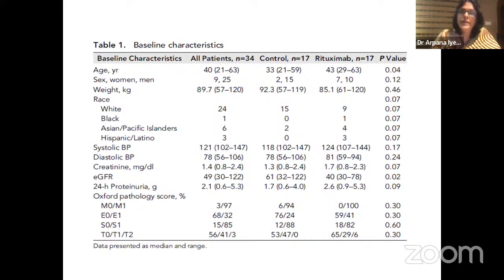Kindly note, age and GFR have a p-value that is significant, and therefore it is now a challenge, because the whole purpose of randomization is not to have a significant difference. But here you have, and as Dr. Premvada also mentioned, sometimes you do have, and then there are ways of handling that. So Siddharth will tell us about that.